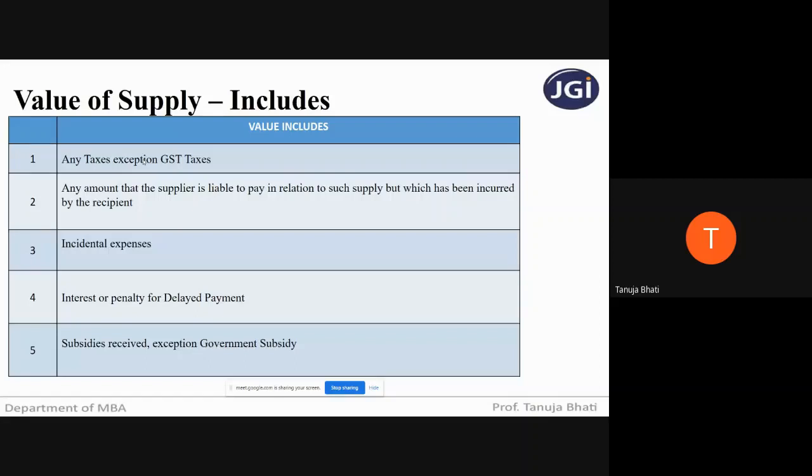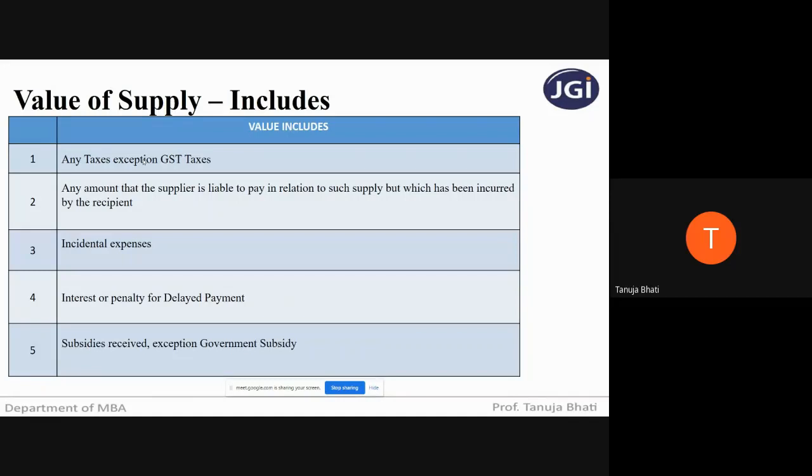When he's transporting the goods from Bangalore to Mahabaleshwar, the Mahabaleshwar municipal authority collects a certain amount of taxes on the entry of the goods into Mahabaleshwar. So 50,000 is the value of goods, plus that entry tax, suppose 5,000 rupees.